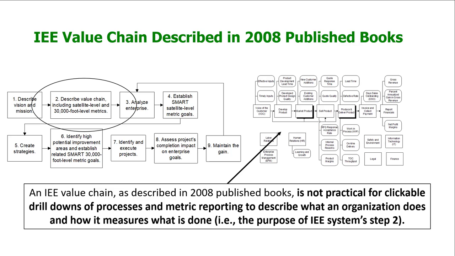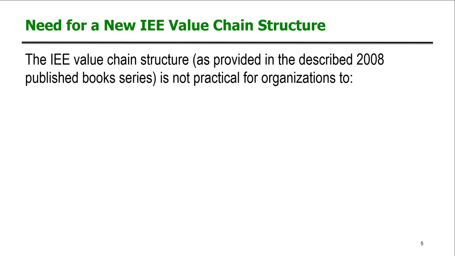An IEE value chain, as described in the 2008 published books, is not practical for creating clickable drill down of processes and metric reporting to describe what an organization does and how it measures what is done. Now that's really the purpose of the IEE system's Step 2, which the previous books in 2008 can't do very well.